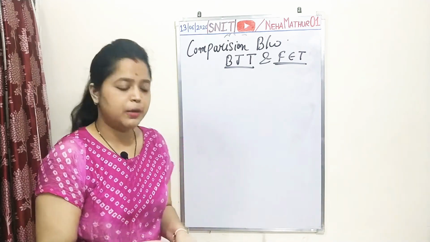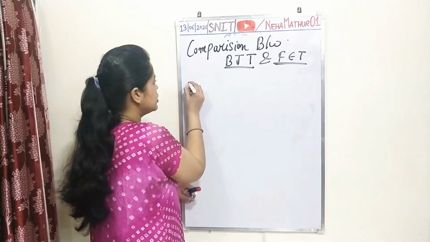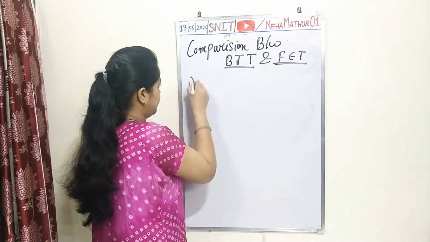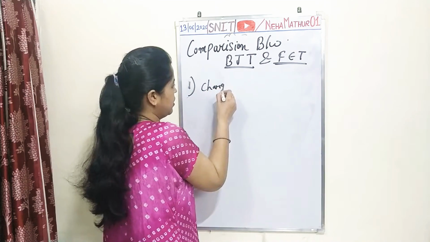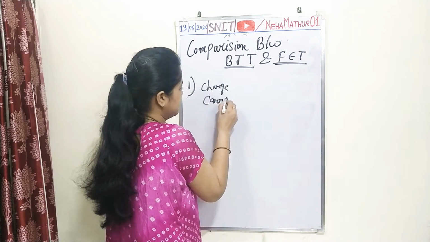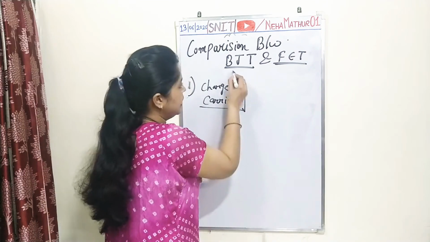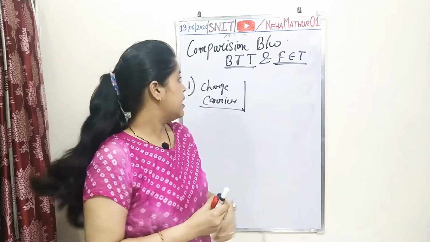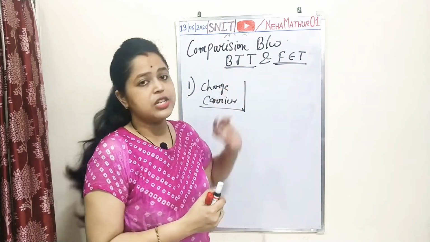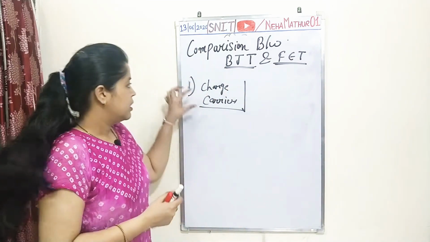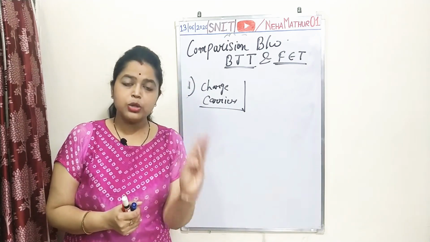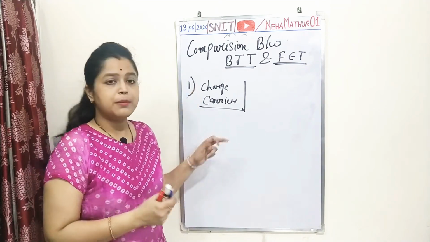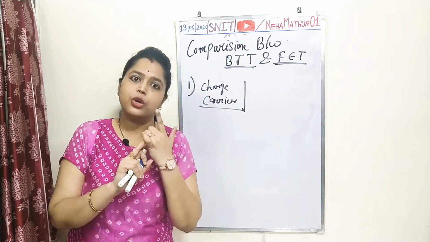The first important parameter is charge carriers. See, in BJT, that means bipolar junction transistor, both electrons and holes are responsible for the flow of current. So, the charge carriers may be electrons as well as holes.